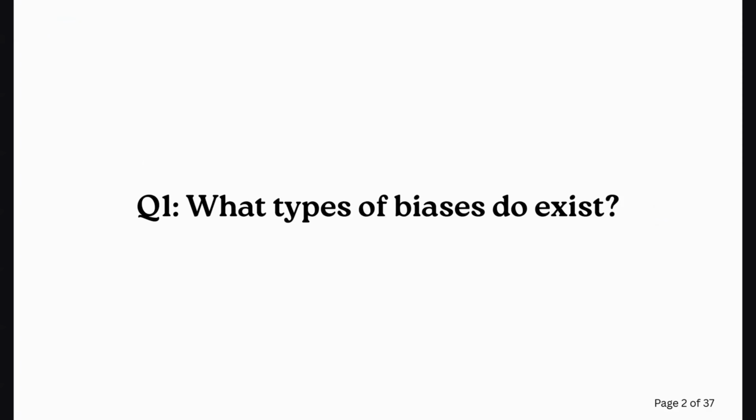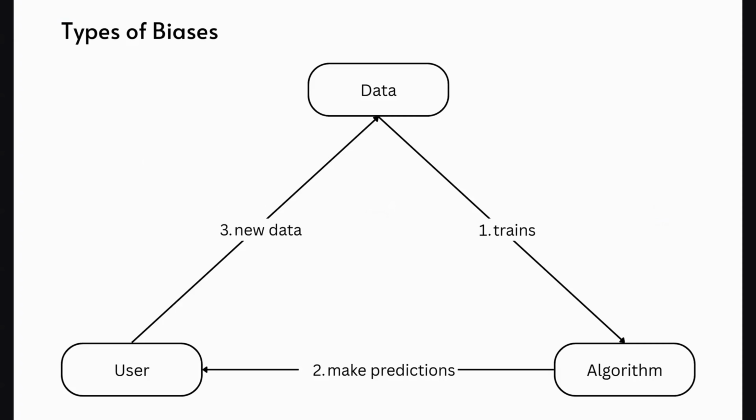Okay. So starting with the fairness and bias part, what types of biases actually exist? There are quite a few names to go through, but let's set up a simple structure first. The triangle. These are the three actors of an ML model system: the data, the algorithm, and the user.